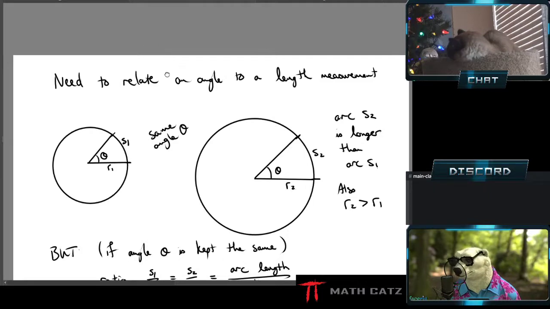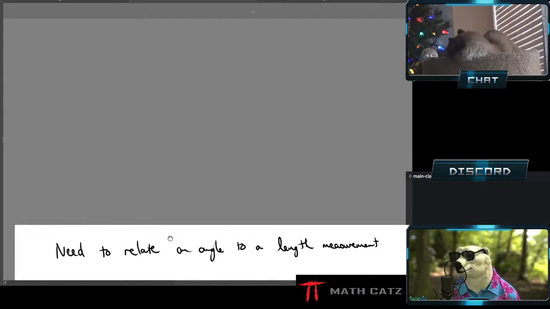So we need to relate the angle concept to a length measurement. Length is established, we understand it, we can flip back and forth between units, we can standardize it, all good things. Now the angle concept comes in and it wants to play. We need to work with it.